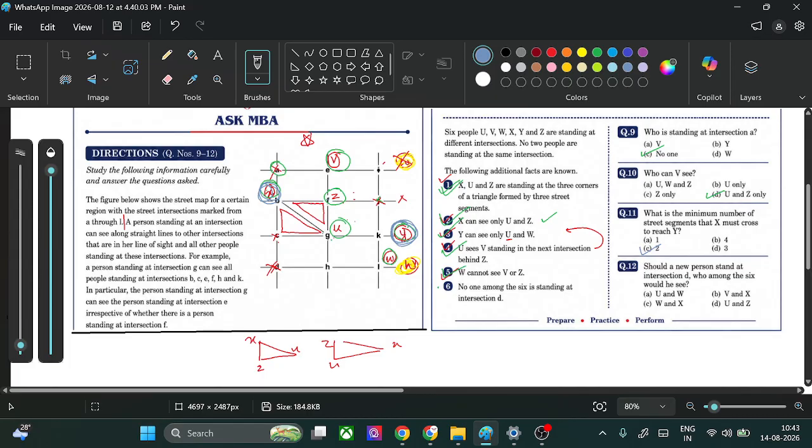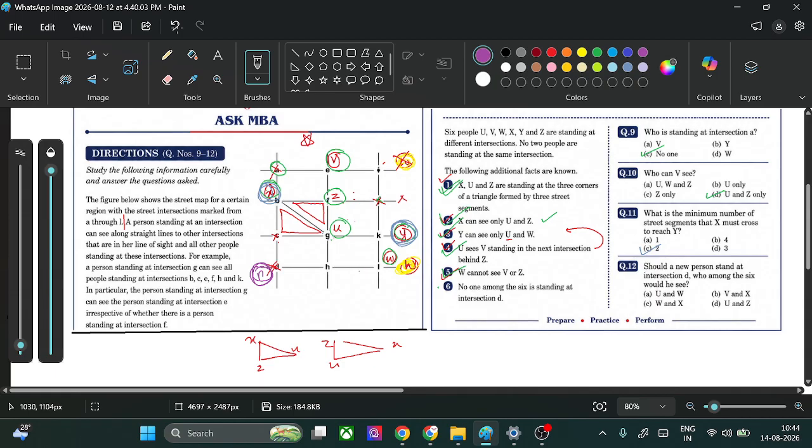Next, should a new person stand at the intersection D? Okay, let's say someone is saying that if someone is placed at D, let's try to put in the position of D, A B C D, a new person here, so let's say that is N. The question is, who among the six would he see? So who will be able to see N?